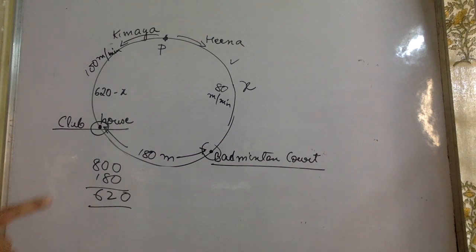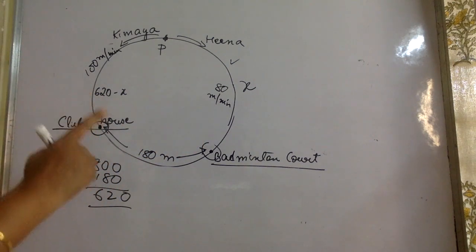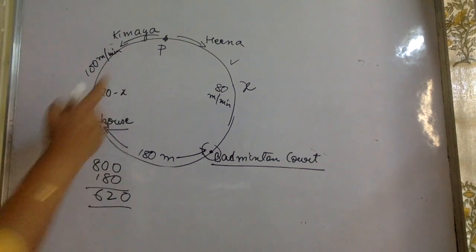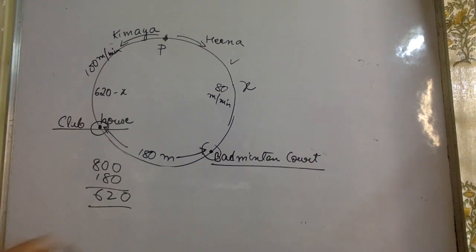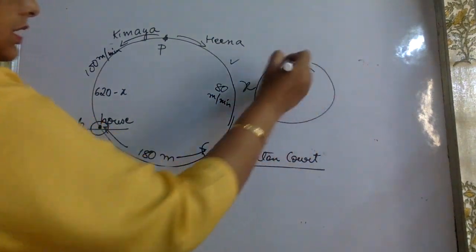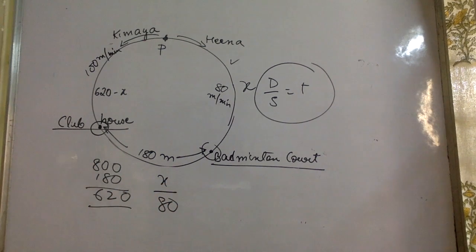Now I am going to form the equation. Everything is in meters per minute, so my equation will also be in minutes. Distance by speed is equal to time. I am going to use this formula. So here it is x by 80.